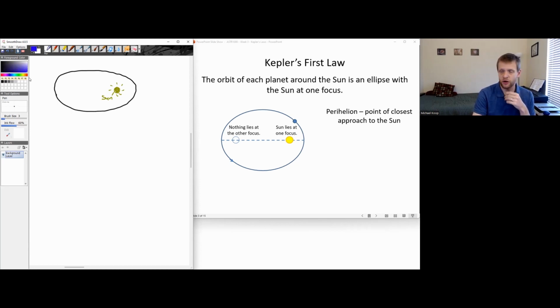There's a bunch of terminology in addition to the eccentricity being how stretched out that circle is. We've got a couple of important points. First, we've got the perihelion position. So let's label this. The perihelion position is the point of closest approach to the sun. So this is the perihelion.